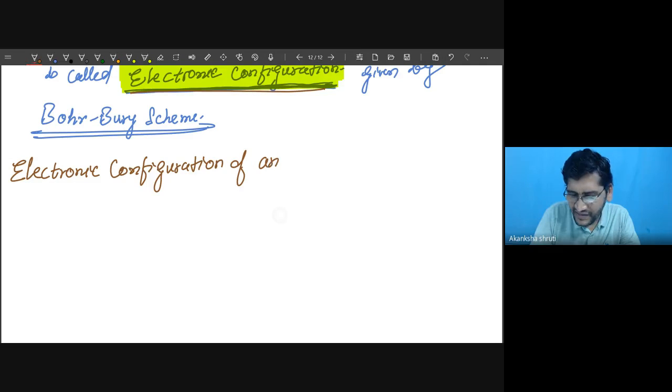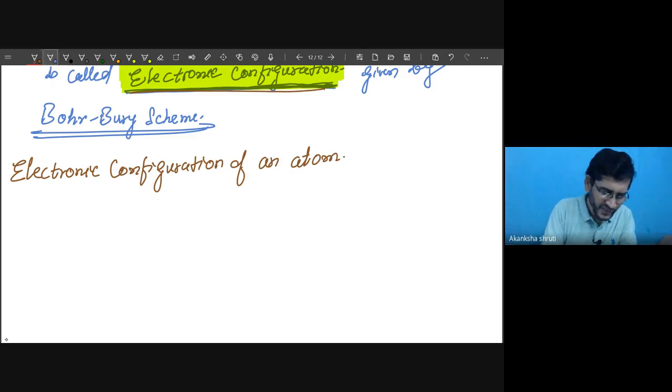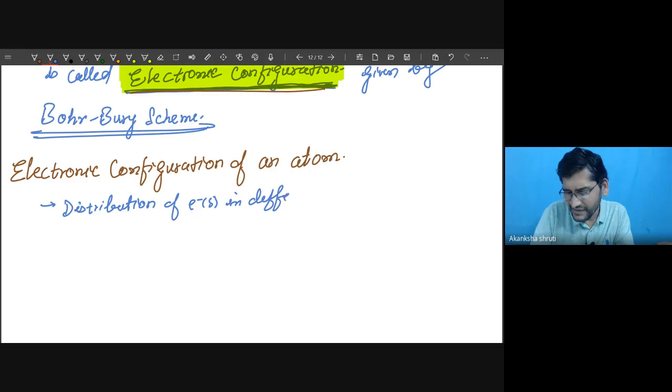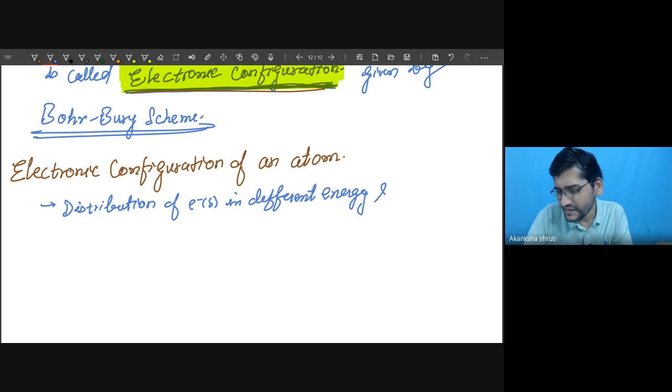Of an atom. Okay, students. So this electronic configuration is nothing but the distribution of electrons in different energy shells, or different orbits. What is this energy shell?